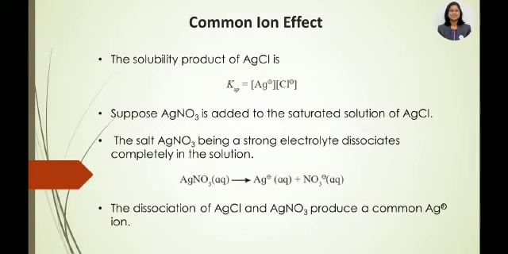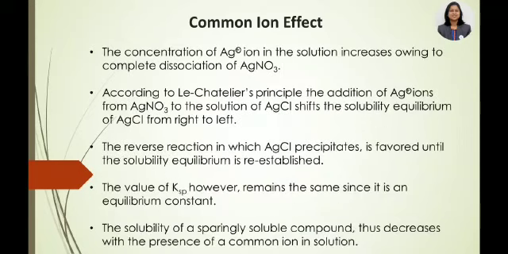So the dissociation of AgCl and AgNO3 produces a common Ag+ ion. The concentration of Ag+ ions in the solution increases owing to complete dissociation of AgNO3.